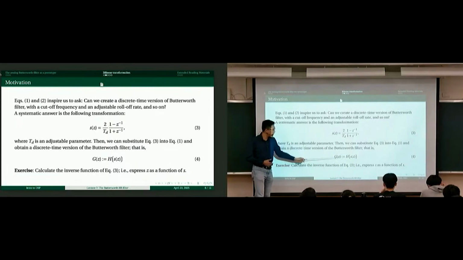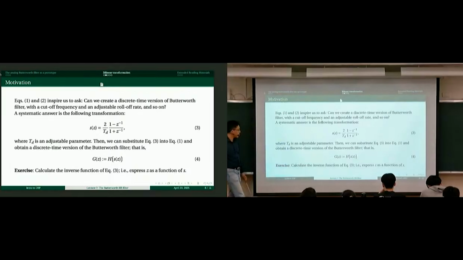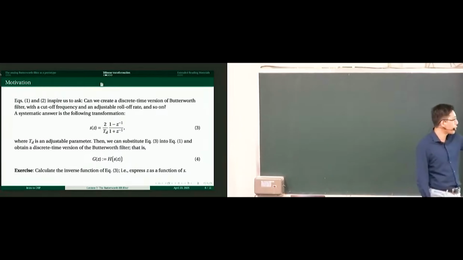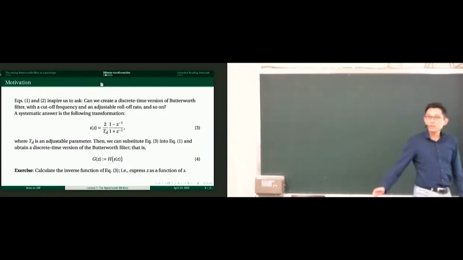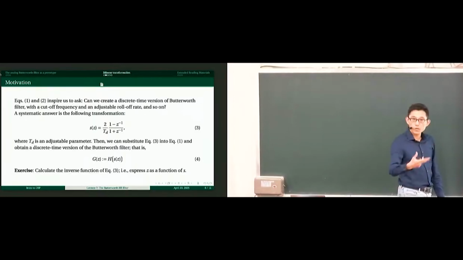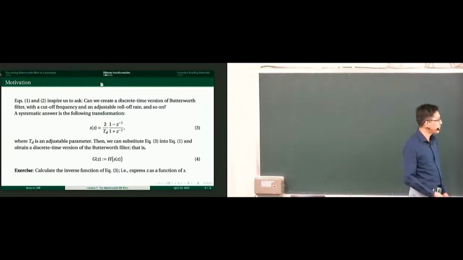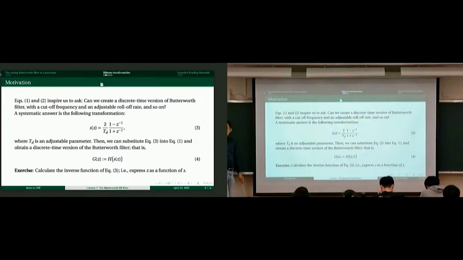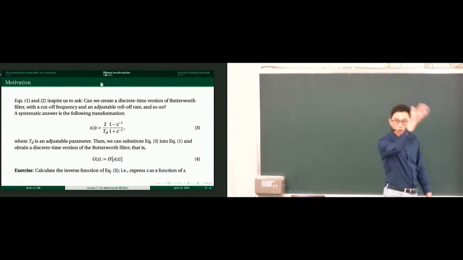So this composite function, let's call it G. We argue that G is already a design. It's that simple. Just start with an analog prototype, and then by substituting S as a function of Z, we have a function of Z. You can just organize the top and bottom.